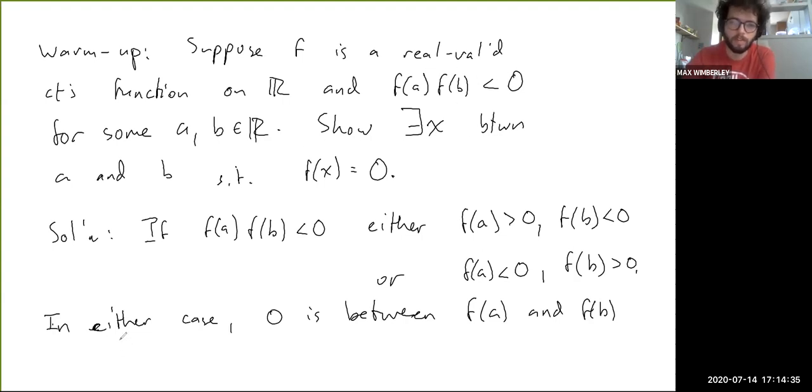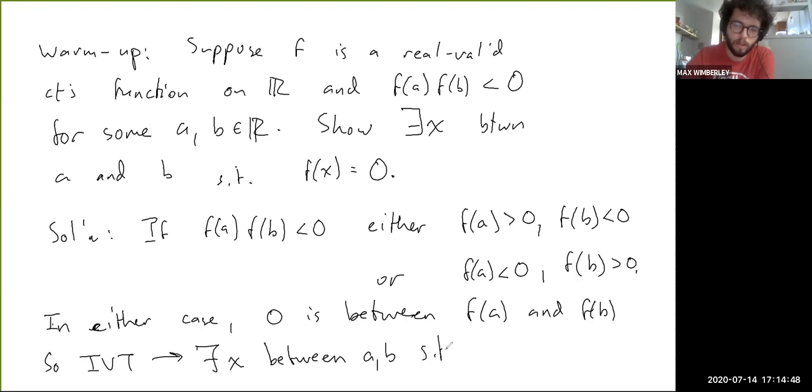So the intermediate value theorem tells us that there exists some x between a and b such that f of x equals 0. That's pretty much it. It's literally just the intermediate value theorem after you unpack this assumption that f of a times f of b is less than 0. Any questions about that?